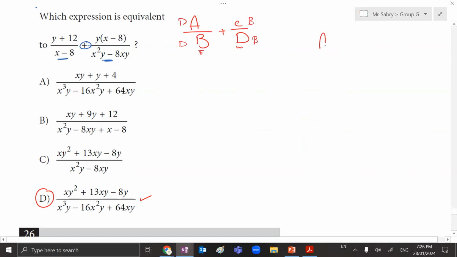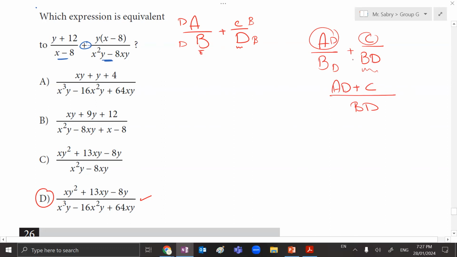But sometimes, for example, if I have a over b plus c over bd, there is no need to take this entire bd and multiply it up and down. I can just multiply by d here up and down. They will become the same denominator. And I'll write bd once and I'll write now ad plus c. Does that make sense?